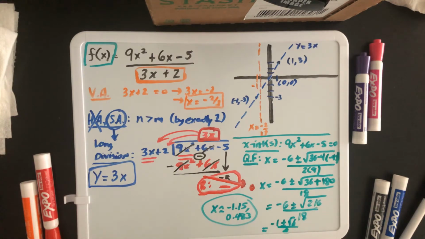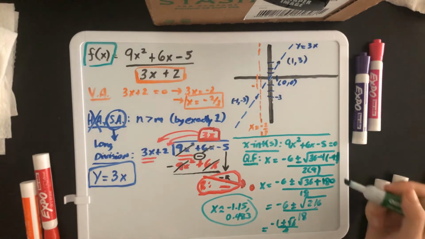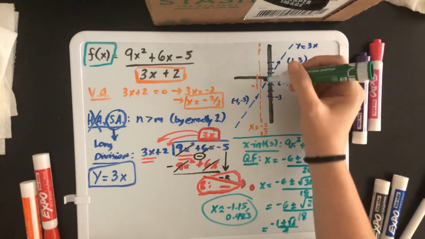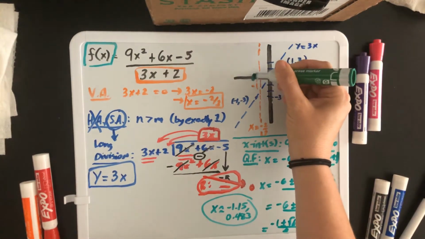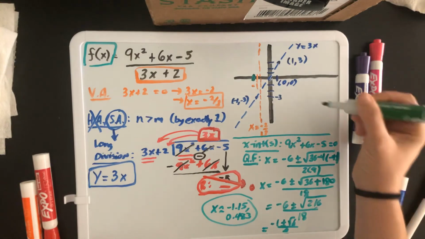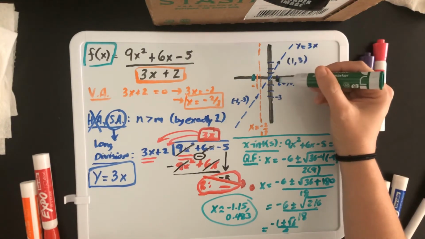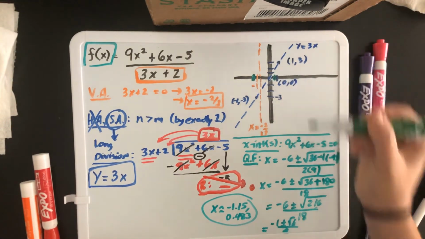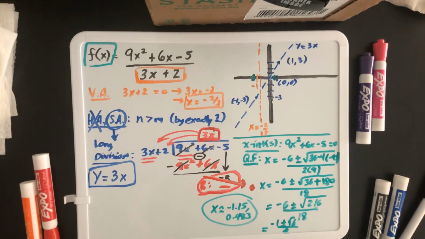But for my graph, I can now go to my graph, and I can draw -1.15 approximately would be around here, and positive 0.483 would be around here. So I now have my x-intercepts on the graph. I now know which regions of the graph my graph should be in.